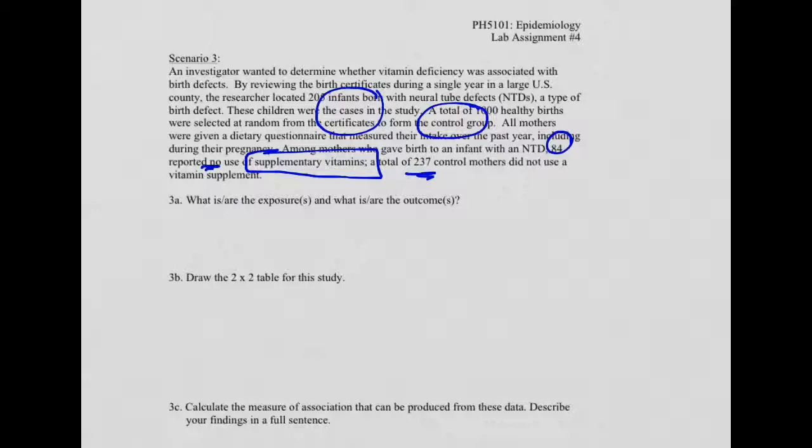Okay. So what are the exposures and outcomes in this study? So exposures. Now you can do this either way. You can either say the exposure was use of the vitamins or non-use of the vitamins.